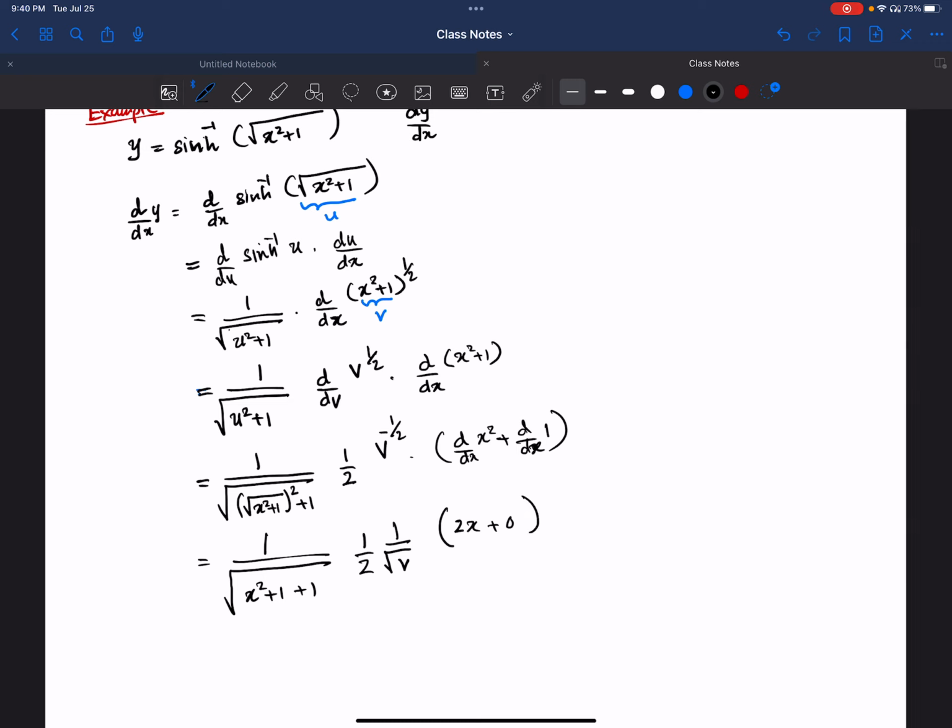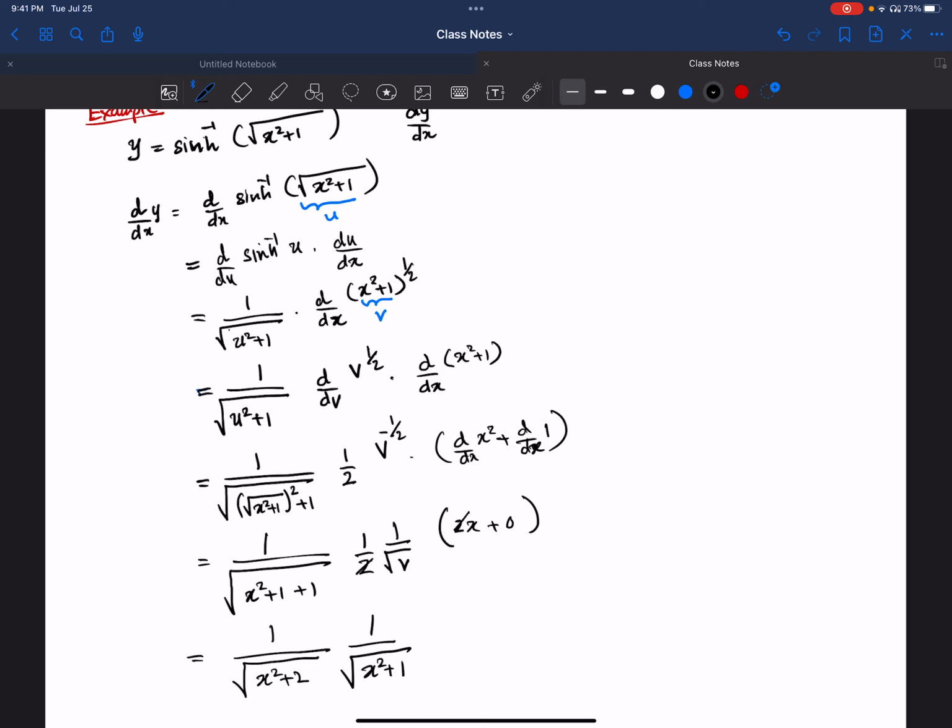So this 2 cancels with that half, and within the square root sign we get x squared plus 2, and then the square root of v is the square root of x squared plus 1.